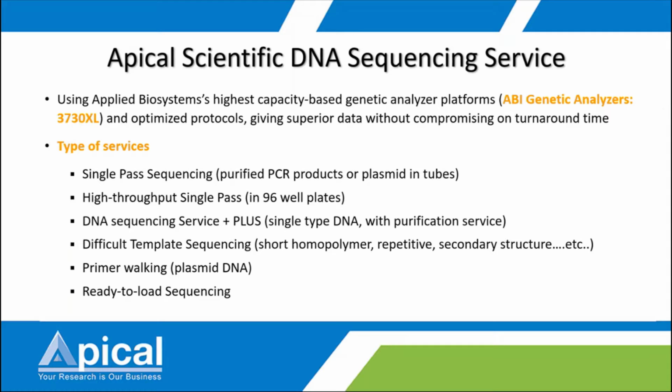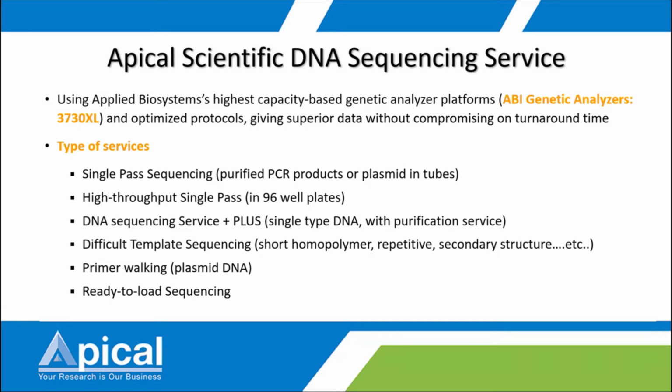And then we also have difficult template sequencing, which is suitable for templates that are high in GC, or have homopolymer regions, like a long repeat of sequence such as TTTTT. So this is for difficult templates. I would say that Sanger sequencing still has some limitations on these difficult sequences.